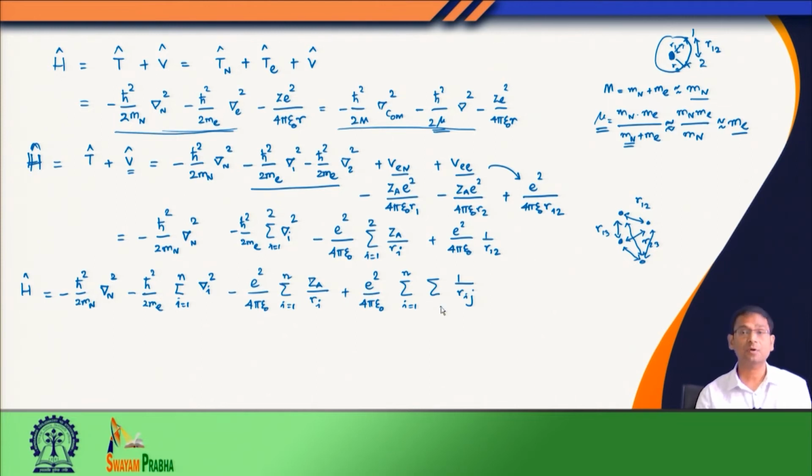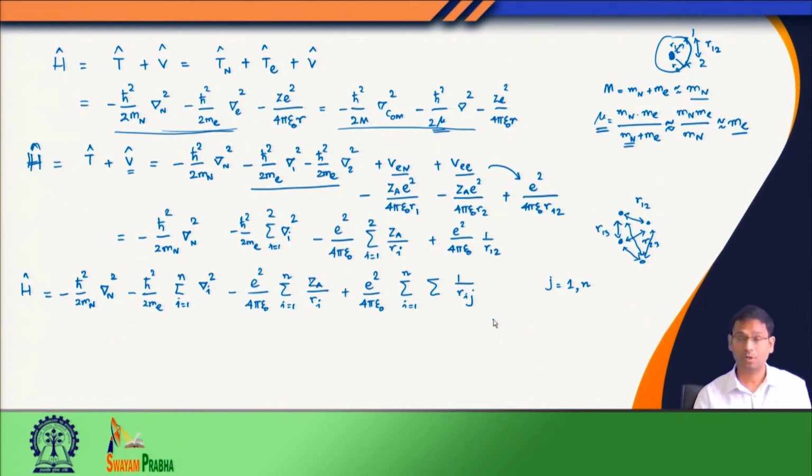If I say j equals 1 to n, I will have a problem. Suppose, I am just discussing what are the possible ways to write. If I write j equals 1 to n, that means all possible values of j, I will have one problem. In fact, I will have two problems. The problem number 1 is that there will be a situation where j will become equal to i.